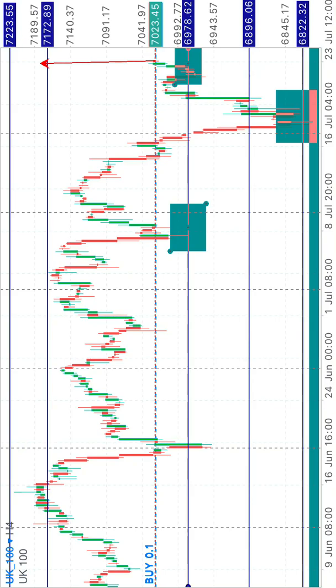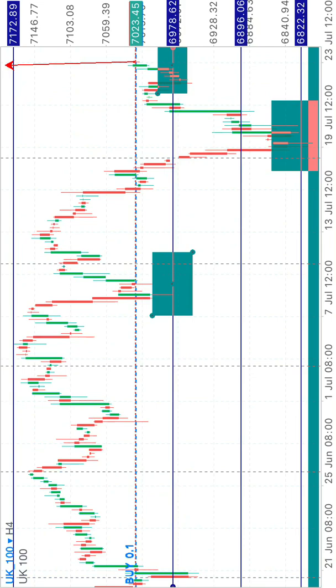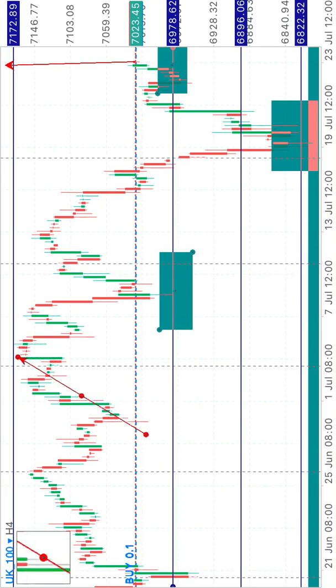Because if an inverted head and shoulder is formed around an important level, it means that it is the end of a correction move. Because from 7172 down to 6822, prices were in a correction phase. So if a head and shoulder is formed at a level, it means that is the end of a correction phase.